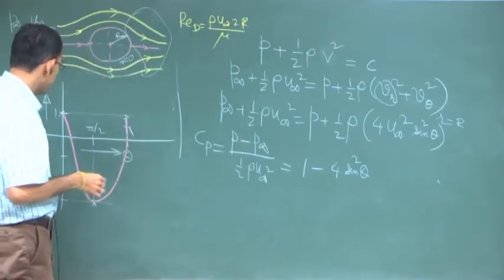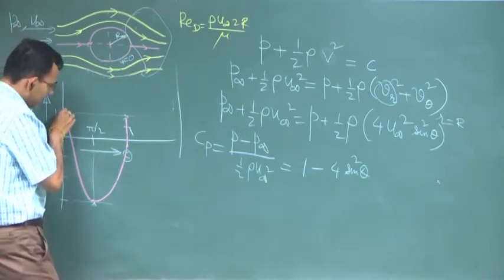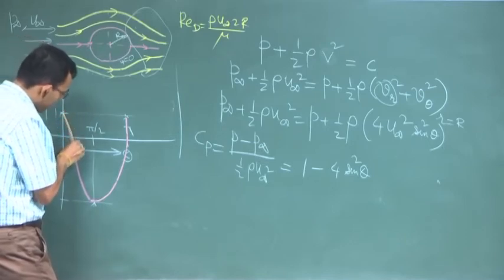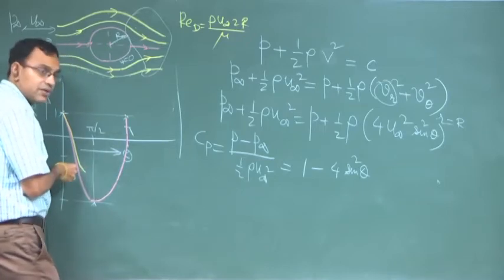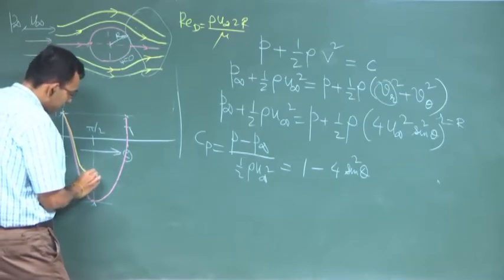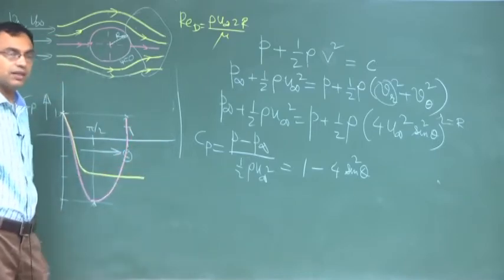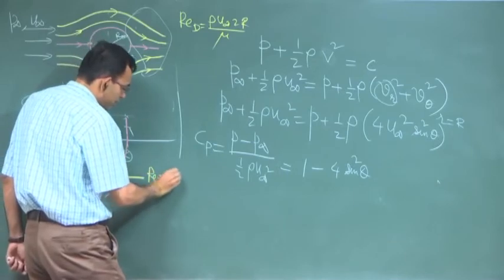Let us say that is 10 to the power 5. You will see that up to a limit very close to pi by 2, it will follow this trend, and then it will be like a constant. So this is Reynolds number equal to 10 to the power 5.